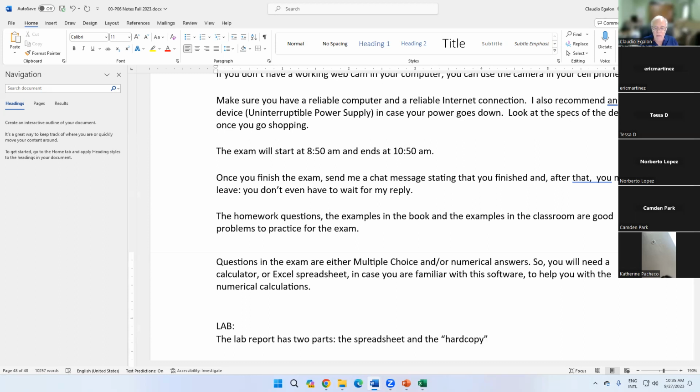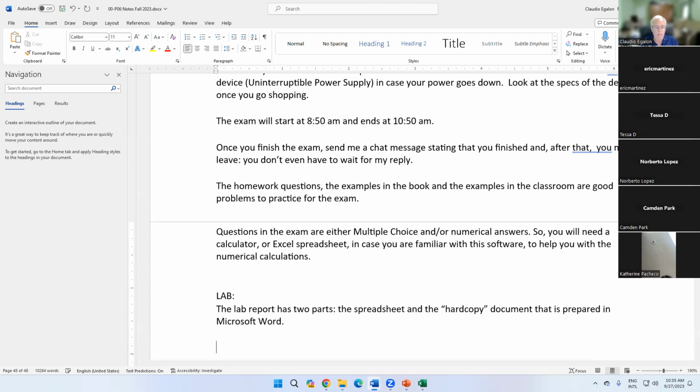It's not exactly a hard copy, but a document prepared in Microsoft Word. These two documents must be uploaded to your group folder.